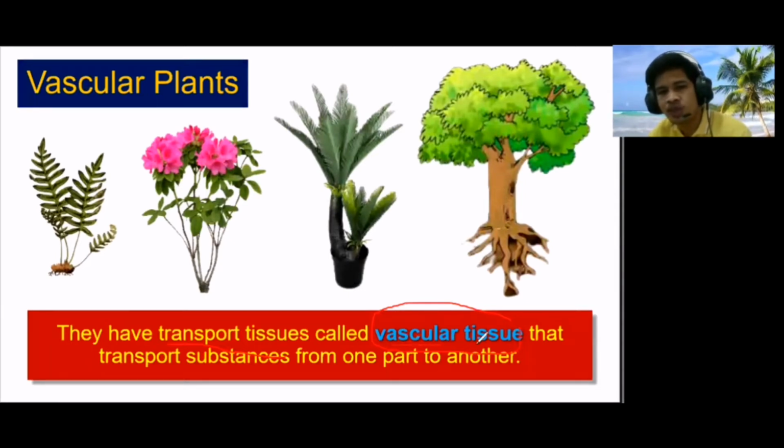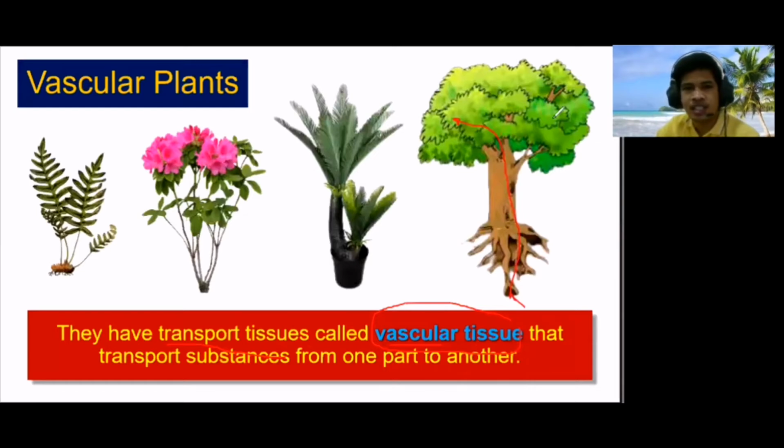This tissue transports substances from one part to another, for example from the roots going to the body and going to the leaves. So this is a vascular plant.